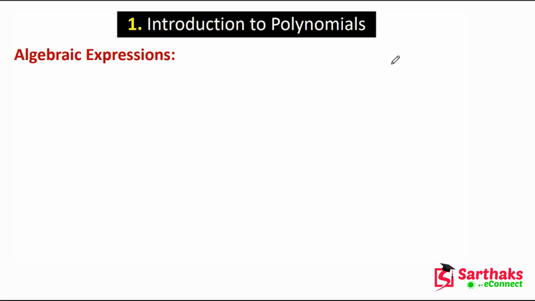We will learn a lot of topics like polynomials and their types, algebraic expressions, degree of polynomial expressions, graphical representation of polynomials, equation, factorization, relationship between zeros and coefficients of polynomials, and so on, with so many examples. So friends, are you ready? Now our first topic is introduction to polynomials.